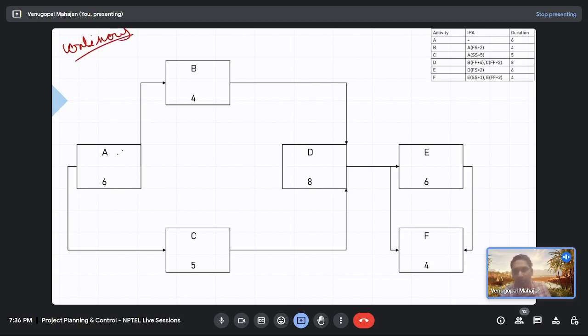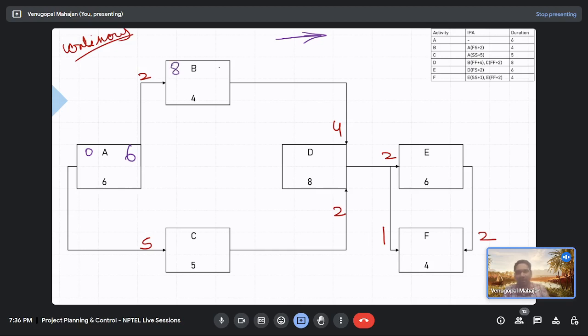Okay, so relationships first. A to C is 5, A to B is 2, B to D 4, and C to D is how much? 2, D to E is 2, and then these are 1 and 2. So let's do forward pass. 0, 6. What about this? 6 plus 2, 8.